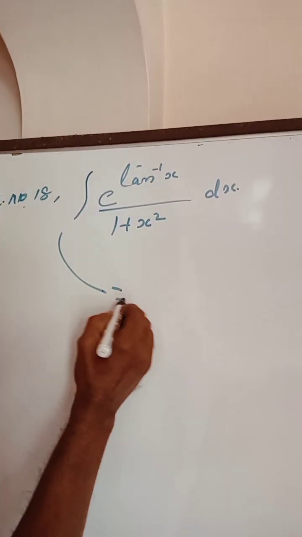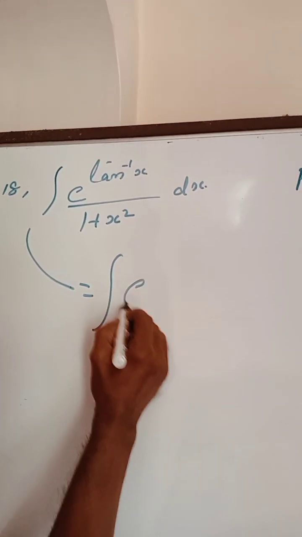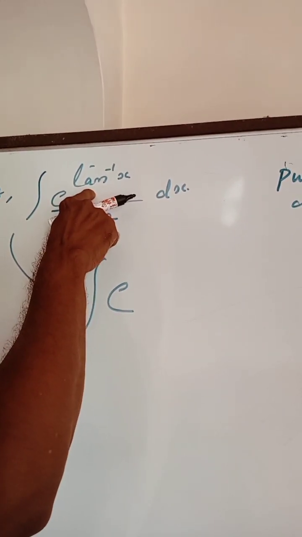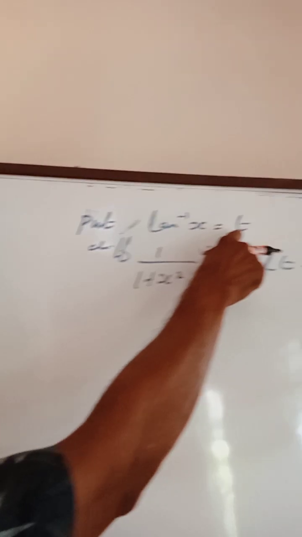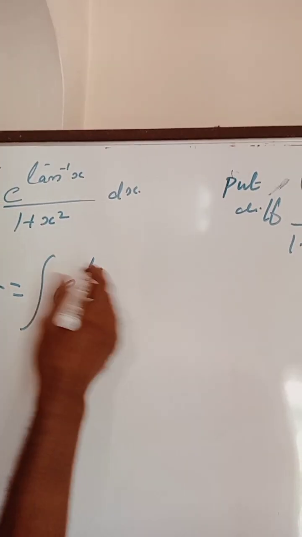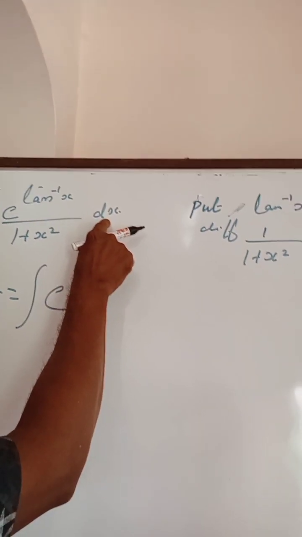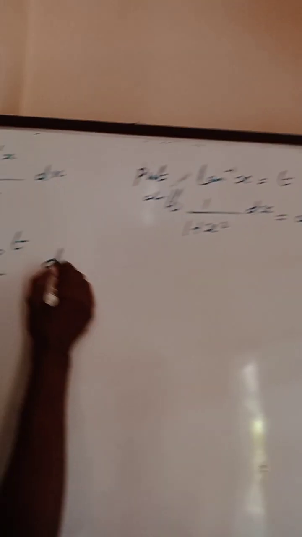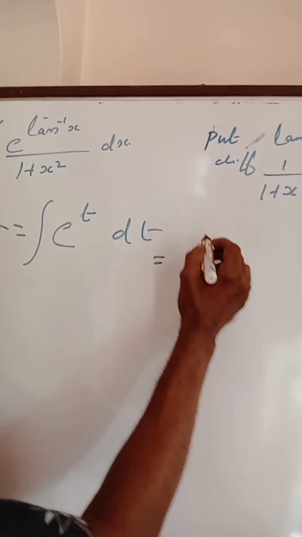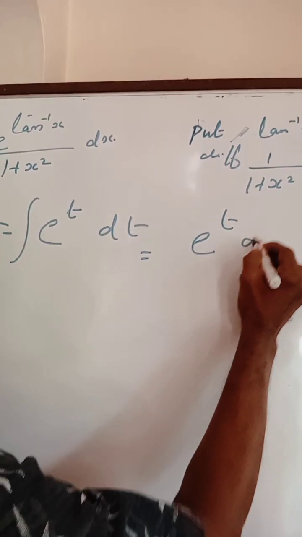Therefore this is equal to the integration of e raised to, replacing tan inverse x by t, e raised to t, replacing 1 divided by 1 plus x square dx by dt. It's equal to e raised to t dt.